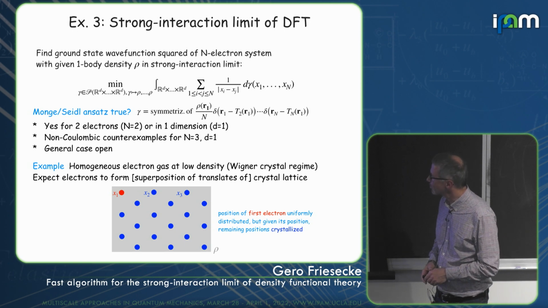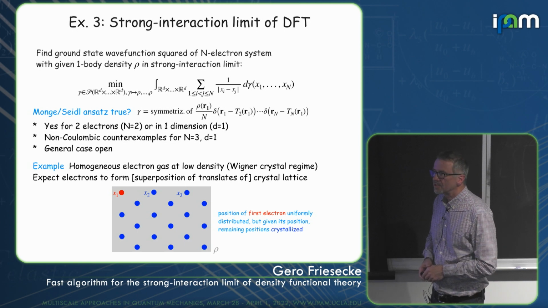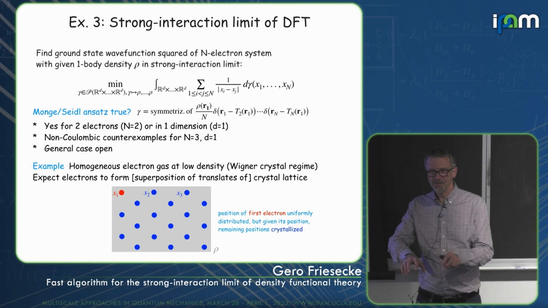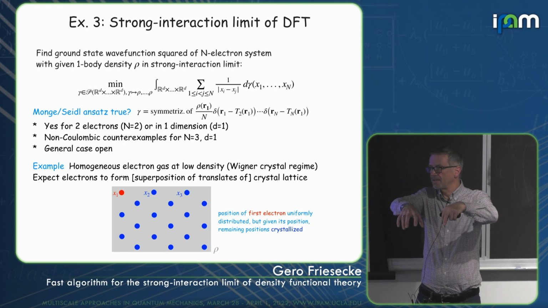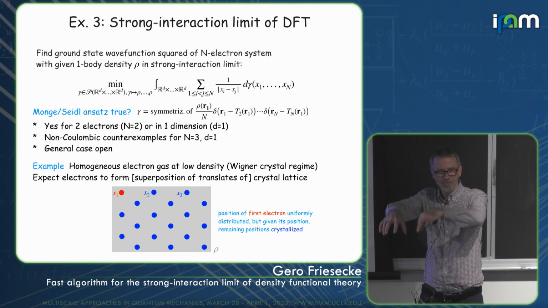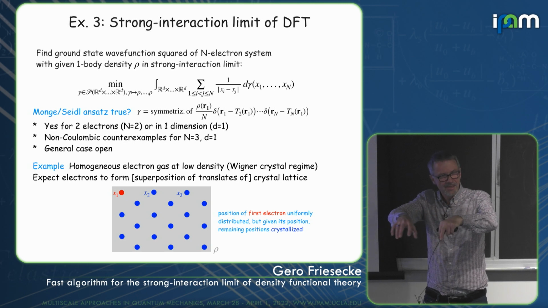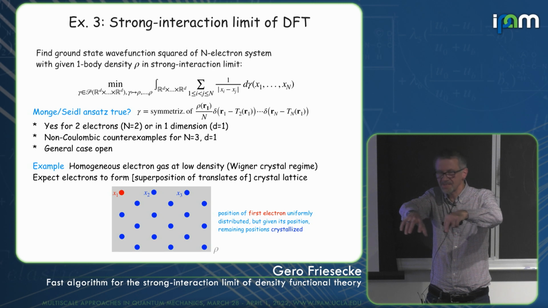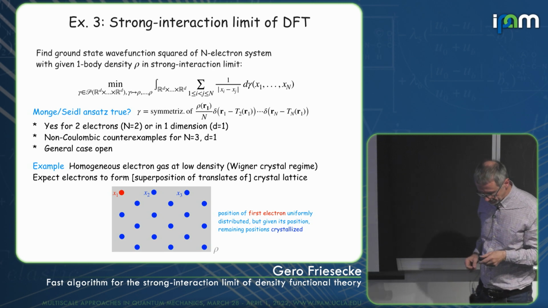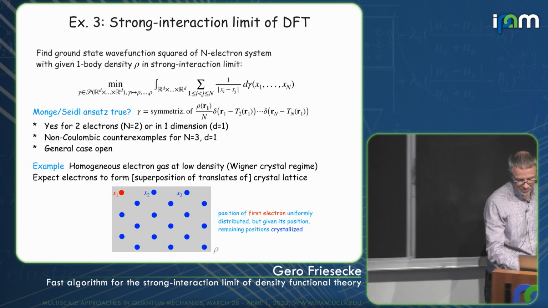So the first electron will be at a position that varies according to the given density, and the other electrons are translated along. It's a kind of resonance state between different translates of crystal lattices. And of course a highly correlated state, because in the case of the uniform density, all these configurations have the same weight. So that would be what this would look like.